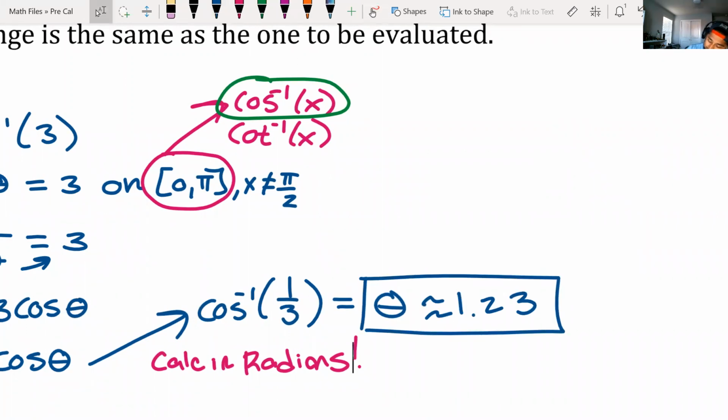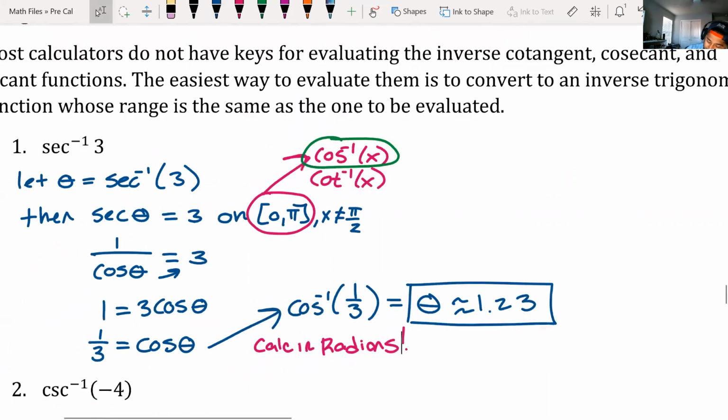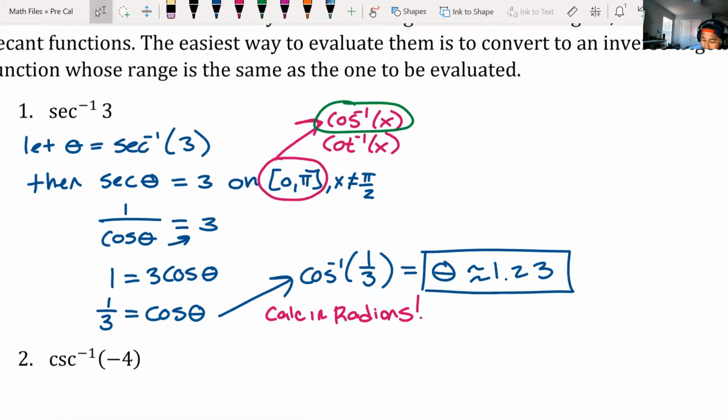So when you say identity, I thought identities was like sine squared plus cosine squared equals 1. Yeah, those too. What if you get a decimal radian value that's equivalent to pi over 2? You just have to memorize what the decimal value for pi over 2 is. Oh, I see what you're saying.